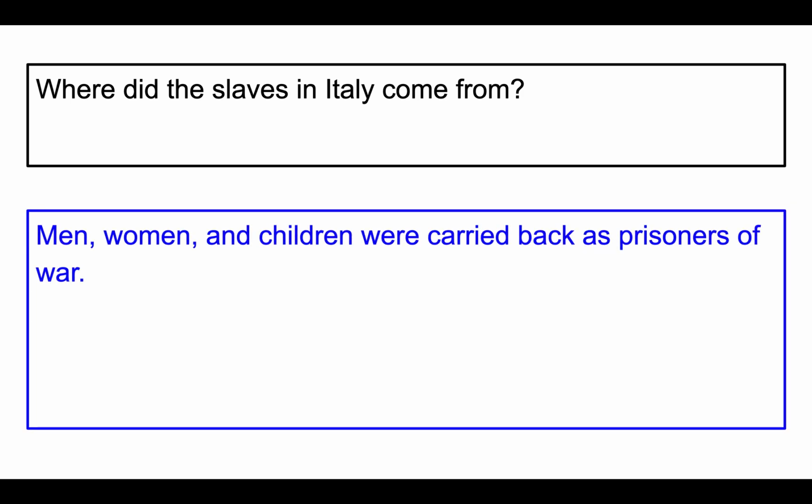Men, women, and children were carried back as prisoners of war. So that means that at first there weren't a lot of slaves, but the more that Rome and the Italians in general conquered other places, the more slaves there were.